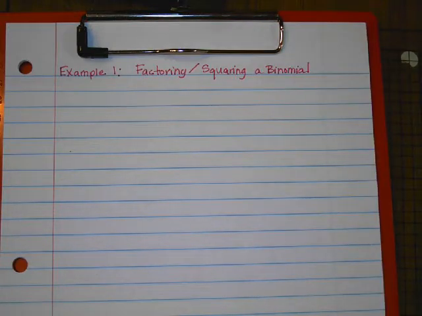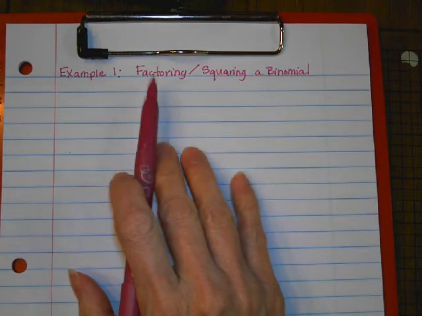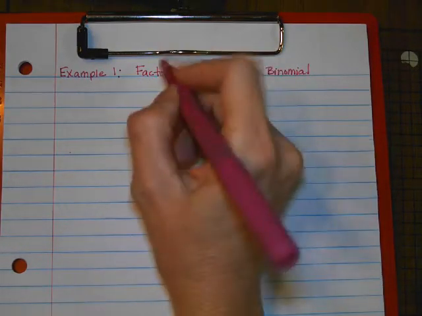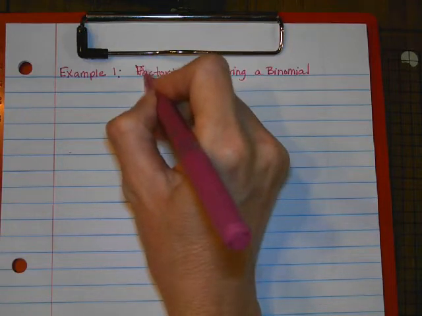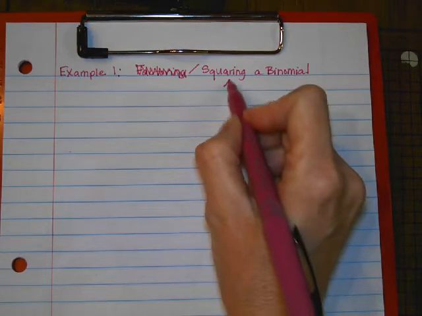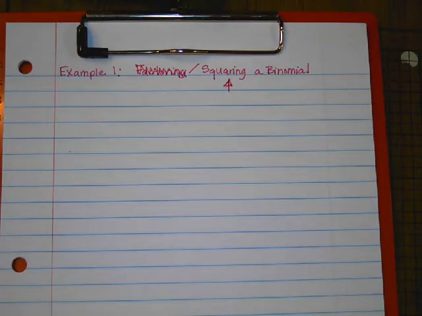All right, so we've already learned the factoring portion of taking this and multiplying. So I'm going to go ahead and take that portion out of our directions. So today we're only going to focus in on the squaring portion of a binomial. So this is the part that we're going to focus in on today, is squaring a binomial.